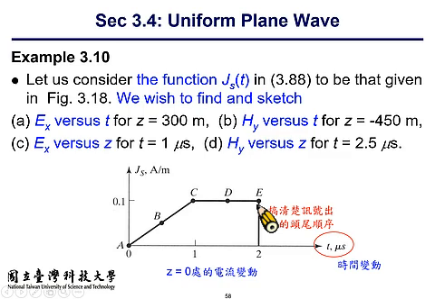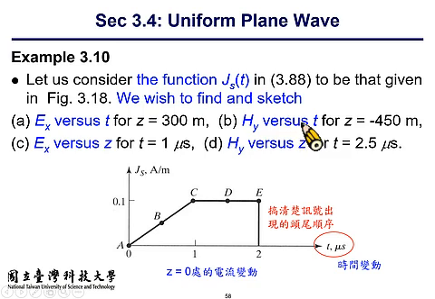According to this current variation in time, located at z equal to 0, the question asks you to draw the solution for Ex at z equals 300 meters. That is, if you locate at z equal to 300 meters, what is the electric field intensity variation versus time at this position? You are asked to find the time domain variation.